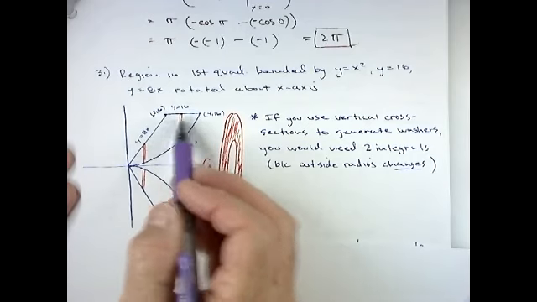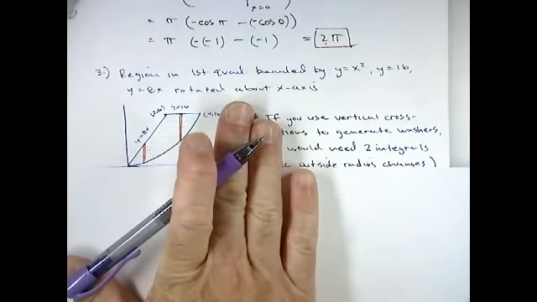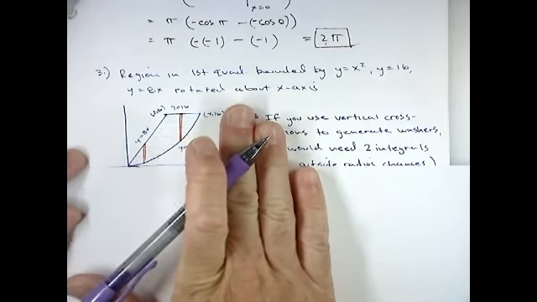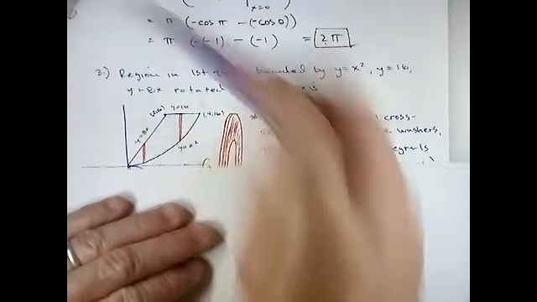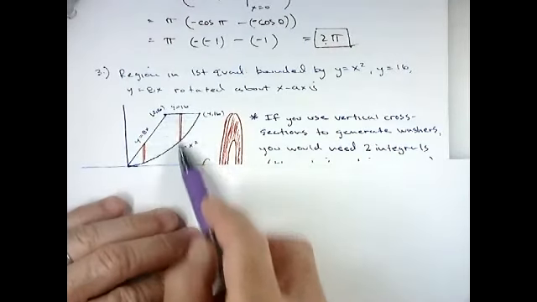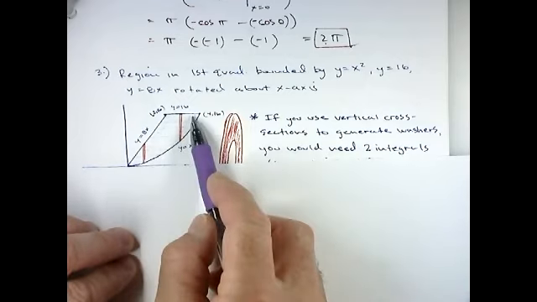Okay, so if I take this region, now here's one question I get asked all the time: how do I know if it's better to use a disc washer method or a shell method? And the answer is this. Before you even revolve it, let's not look at this yet. If you were setting up an integral for the area of this region, would it be better to use vertical rectangles or horizontal rectangles?